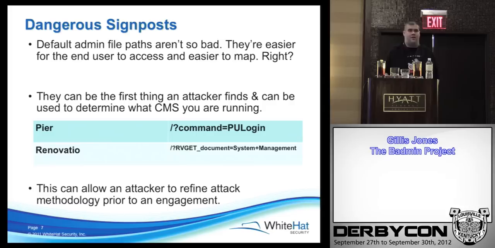So if you see a PU login, either A, you're logging into a waste management site, or you're logging into PEAR. Now, Renovatio, which is an Italian CMS, uses the RVGet document, which you're actually able to do some more fun stuff in that parameter, which can bypass some authentication mechanisms, but I can't really talk about that. Sorry.